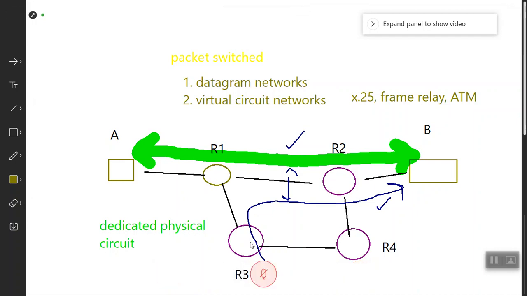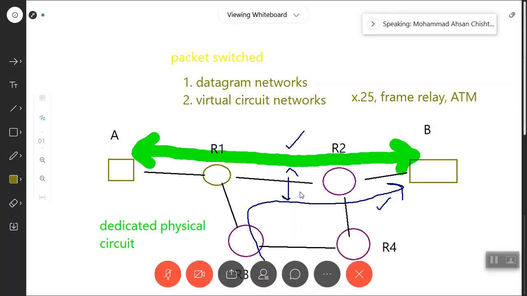And when this connection is established, there are several other parameters which are discussed between A and B, like how much bandwidth of transmission we would be getting, and what the packet size would be. All this is negotiated when the call setup happens. What is call setup? Call setup is actually connection setup. And after the data is transferred, A and B decide to break the connection.